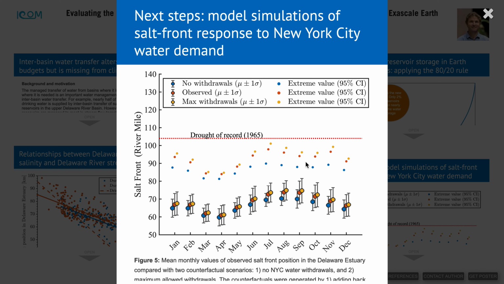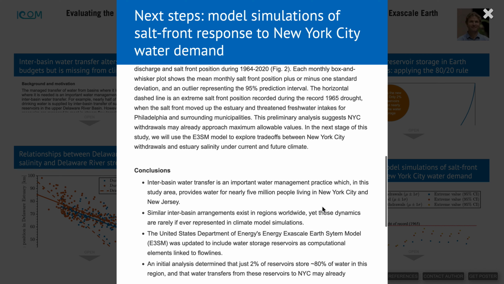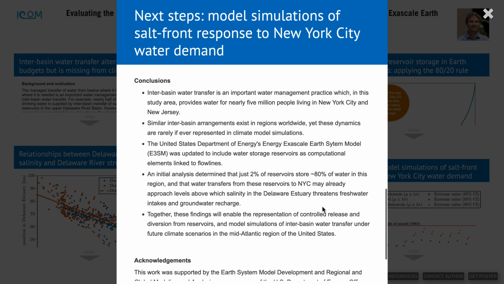So we'll use the new capability enabled by the E3SM computational mesh to study how these dynamics play out under future climate scenarios as part of the Integrated Coastal Modeling Project, funded by the United States Department of Energy.